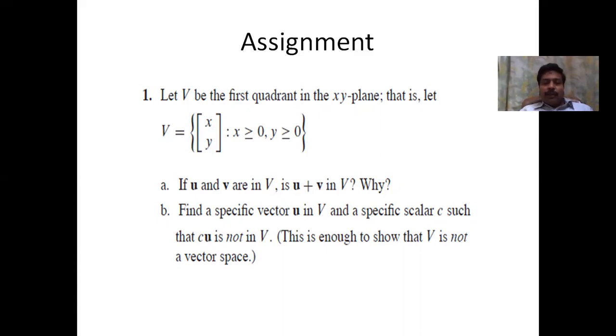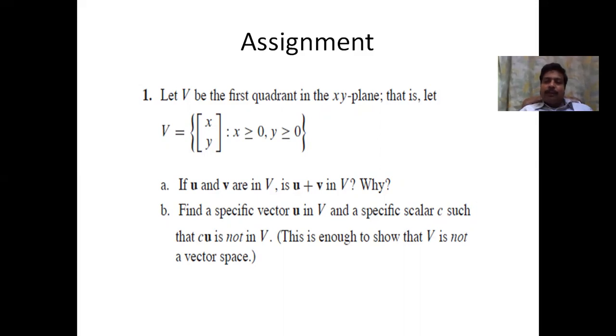Next, part B: find a specific vector U in V and a specific scalar C such that Cu is not in V. If I take the vector (1, 1), that is a point, I will now call it a vector. If I multiply with a negative scalar, I can use any scalar.